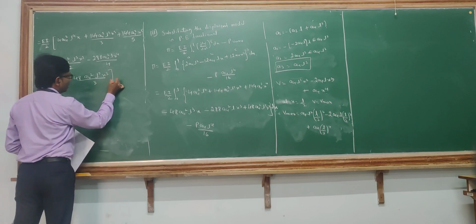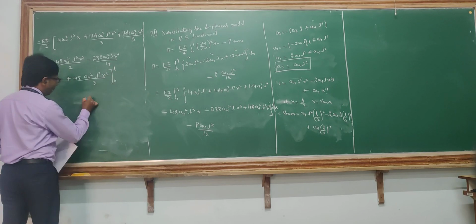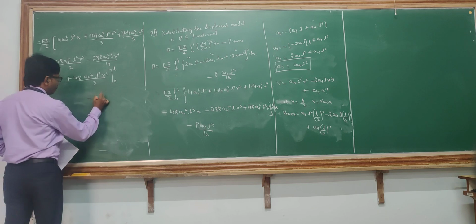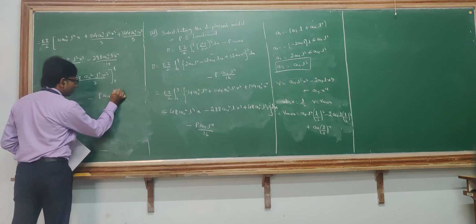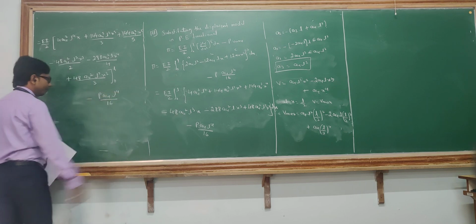So the limit will be 0 to l, minus p into a4 into l raised to 4 divided by 16.